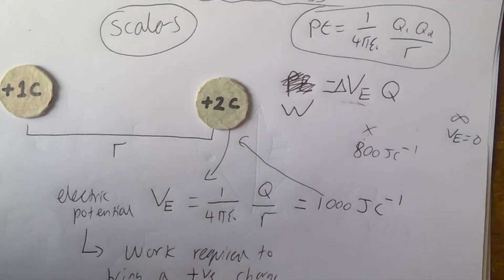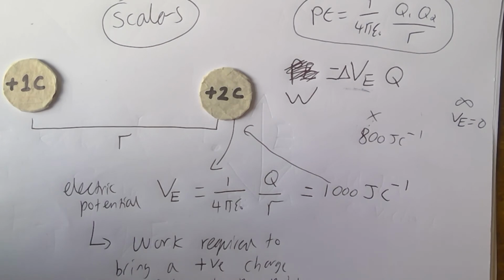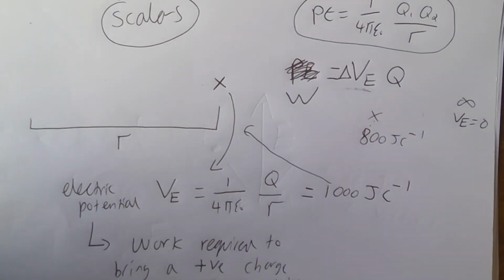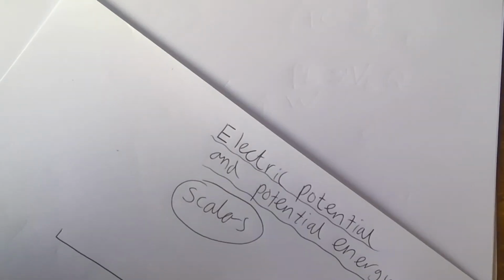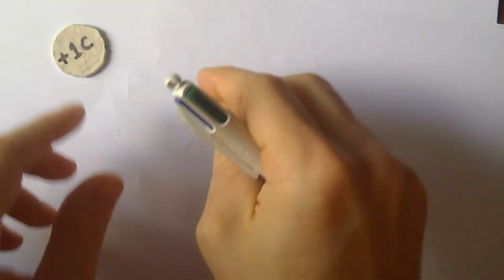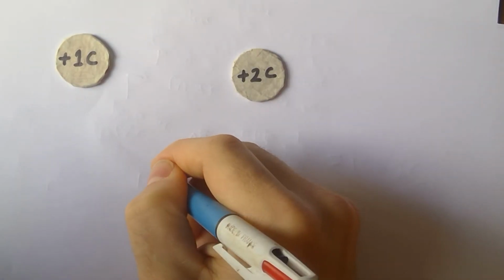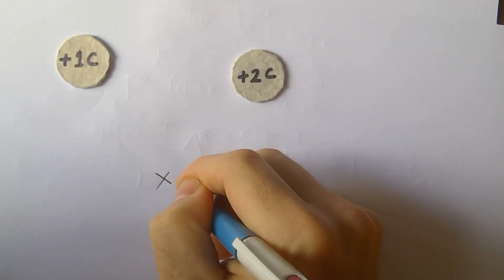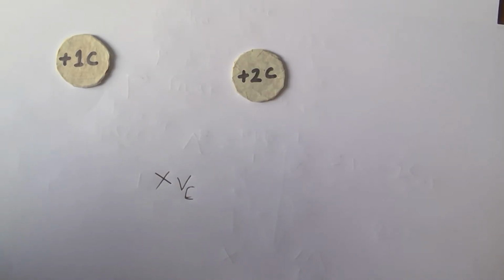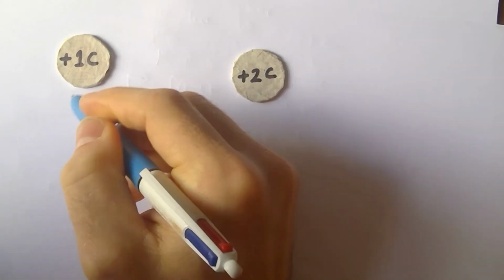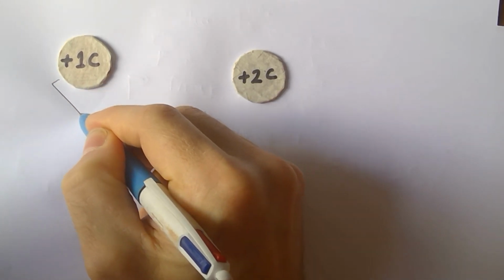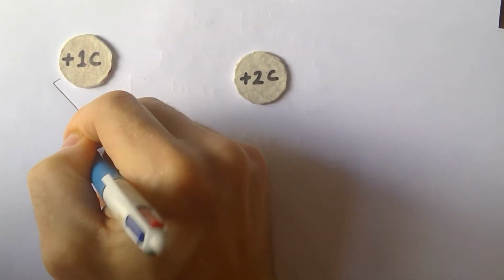So where we looked at what if there's multiple charges when we're dealing with force and field, we can do a similar thing here. If I had one charge here, one charge there, and I'm asked what is the potential here, all we would do is this. How far away are we here? R1.